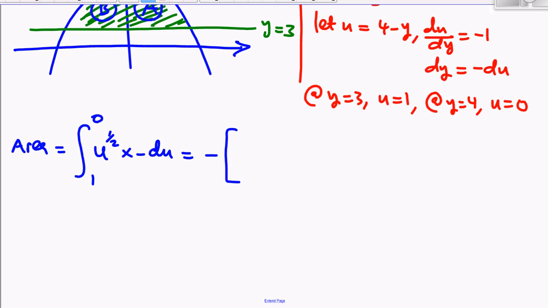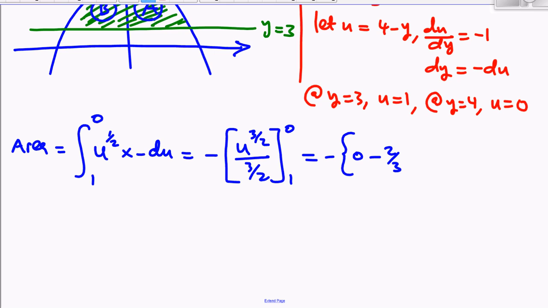So that will be u to the power of 3 over 2, over 3 over 2, from 0 to 1, which will be equal to negative 0 minus 2 over 3 times 1 to the power of 3 over 2, which is 2/3.